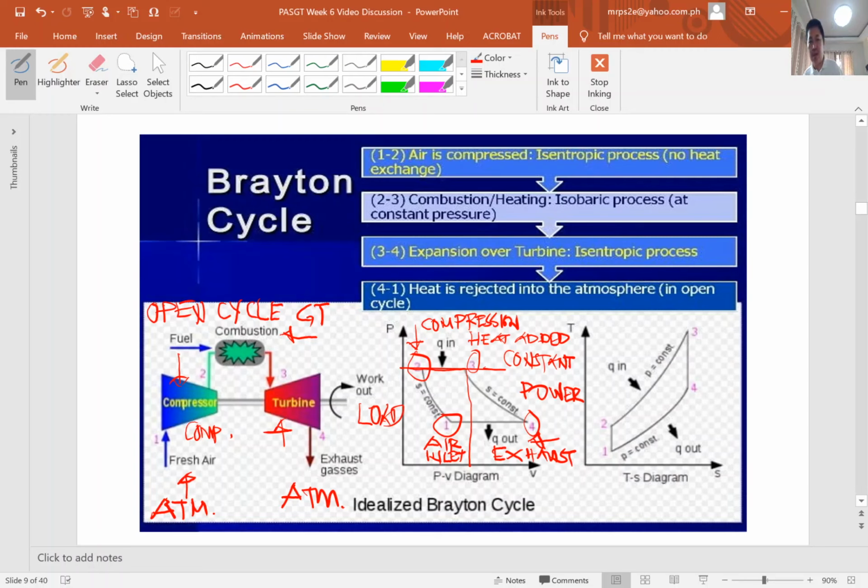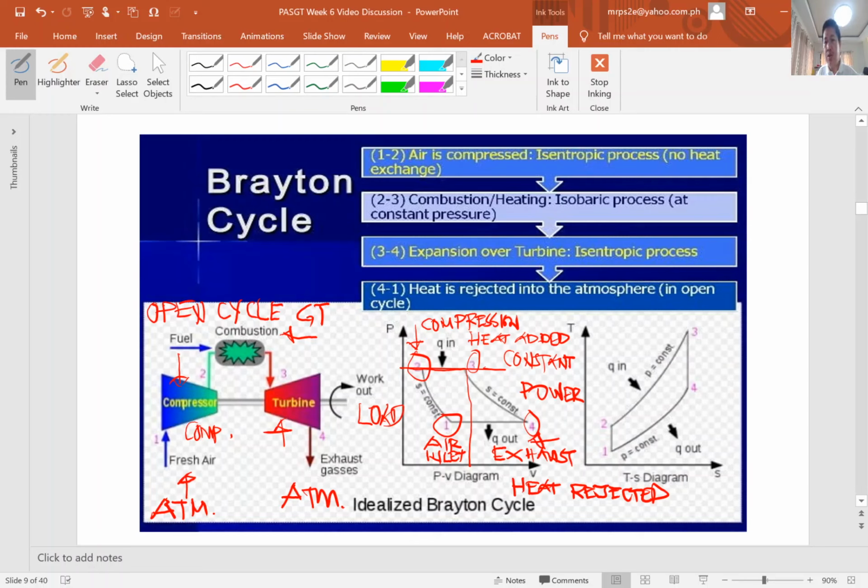Q out is heat rejected, and Q in is heat added, or Q out is exhaust. So exhaust is heat rejected. That is the explanation of the PV diagram of the Brayton cycle, applied to the gas turbine.